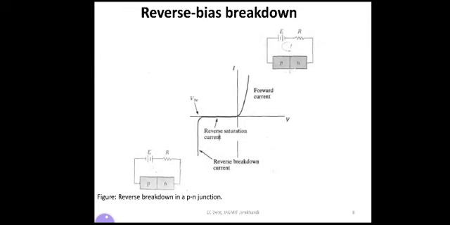You can observe the figure. VBR is marked, that is the critical reverse bias voltage VBR. When that point is reached, the reverse current through the diode increases very sharply. So you can observe the reverse breakdown current.